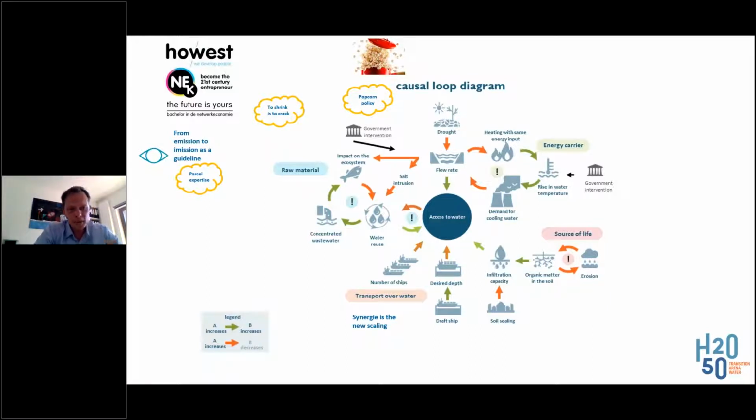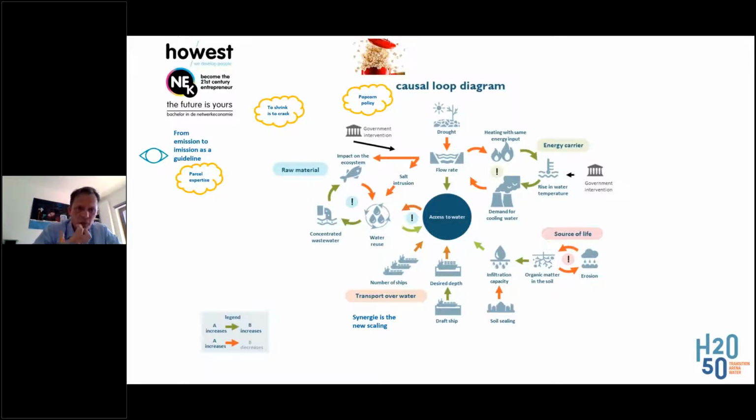And in the field of water, we were talking about the revision of the Urban Wastewater Treatment Directive. Emissions are imposed at the level of the urban wastewater treatment plant. By this approach, if you have heavy rainfall, where we will be confronted in the coming years, then the decision is made to activate overflows, because the wastewater treatment plant can't handle all this water and meet the limits that are imposed.